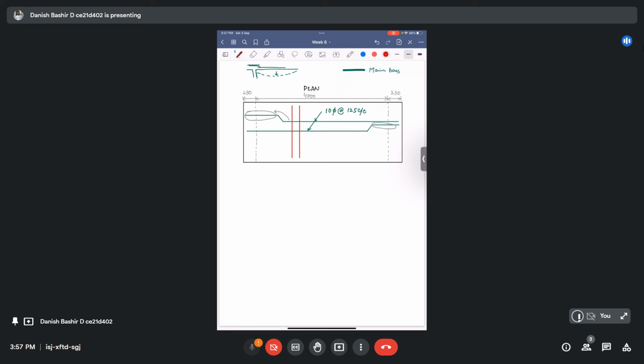What are their details? These are 8 mm bars at the rate of 200 center to center. This is the main thing.